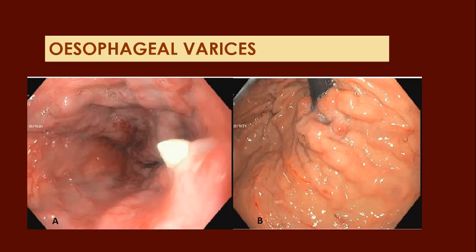Mortality in bleeding varices is about 25 to 30% of cases. Types of varices: from this picture, we can see esophageal varices and gastric varices.